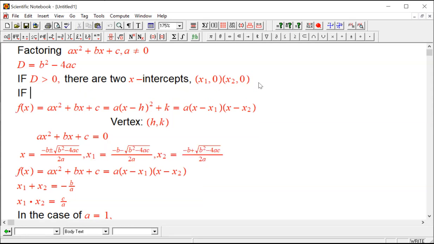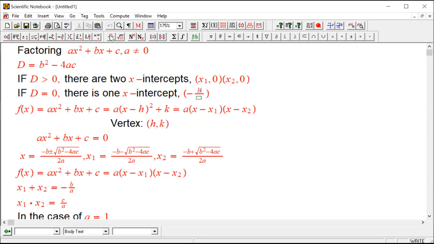If the discriminant is 0, there's one x-intercept. In that case, you have (negative b over 2a, 0).